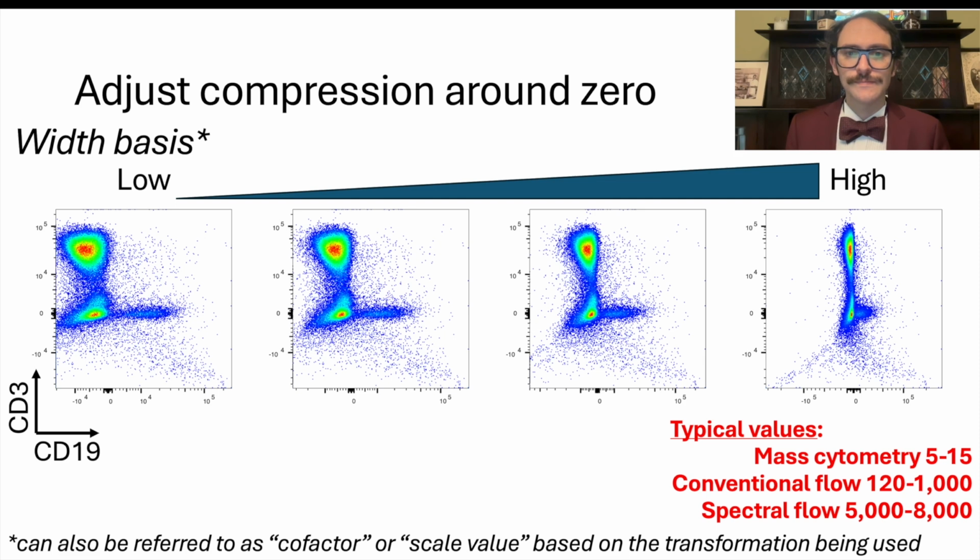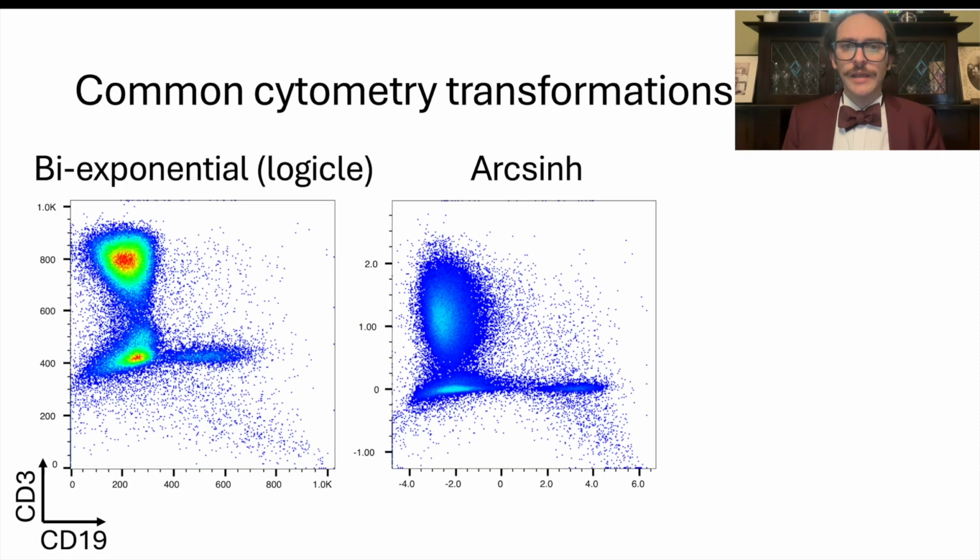Once we've optimized the scaling parameters for visualization, the final step is to apply a data transformation to the signal intensities themselves. In cytometry, these transformations rescale the data so that values close to 0 remain approximately linear, while higher intensities are compressed in a logarithmic-like manner.